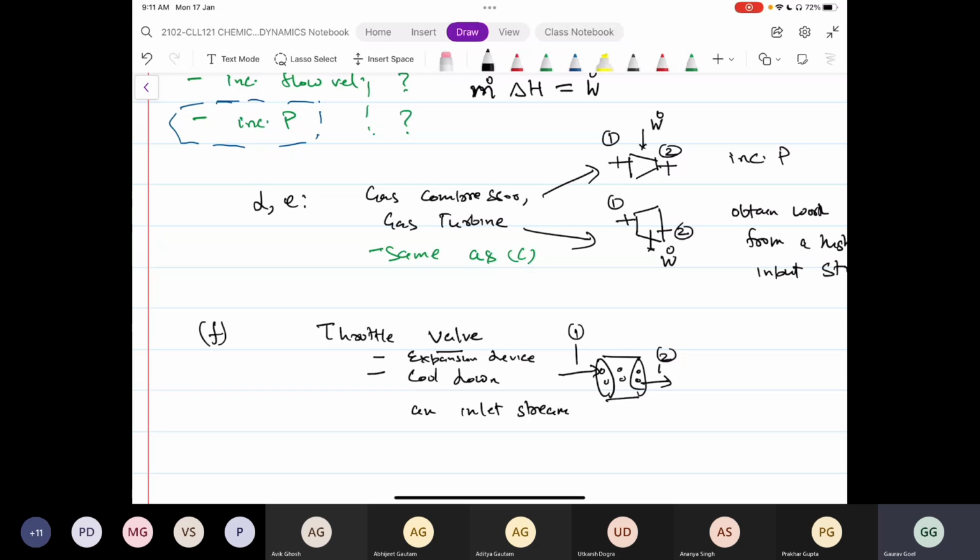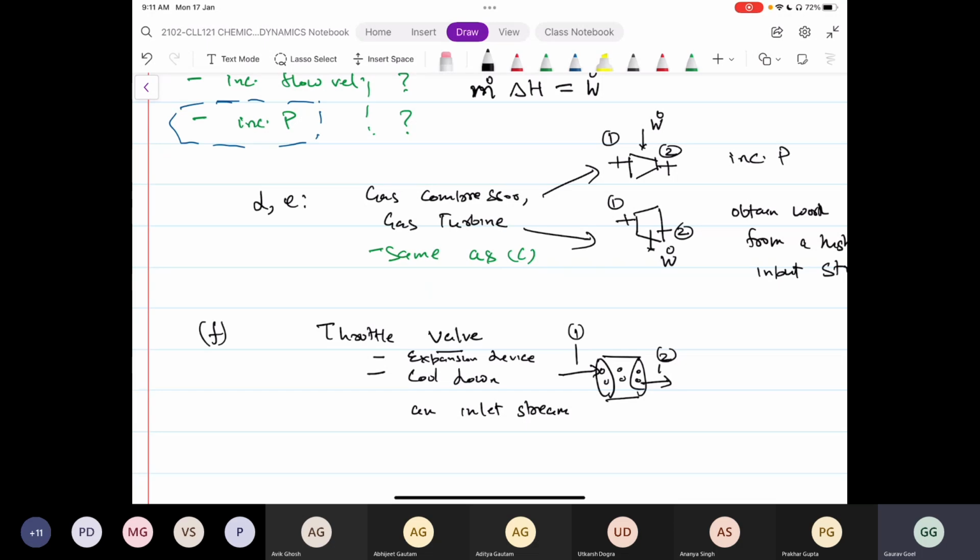Okay, so it is used in the refrigeration cycle. So if you want to visualize a refrigeration cycle, you already have two components of that. You have a gas compressor, which will take your stream to high pressure. After that, you will put your stream through a throttle valve so that the high pressure stream, after exiting the throttle valve, has cooled down significantly.